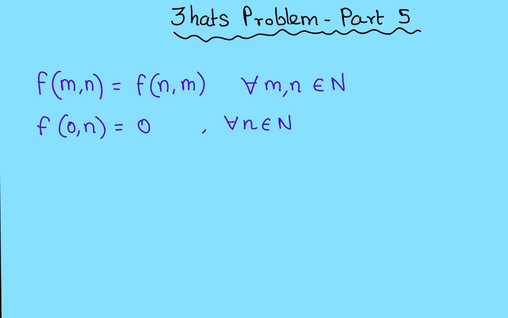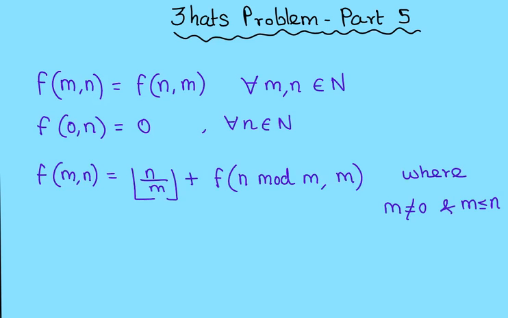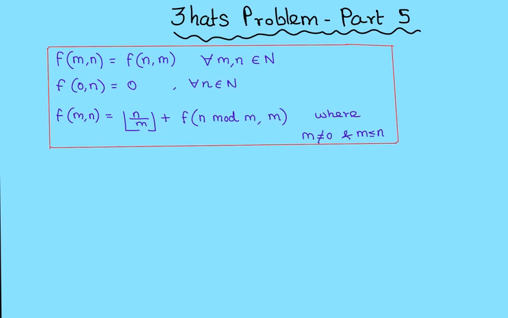F of 0 comma n is equal to 0 for all n. Finally, this is the definition. F of m comma n is equal to floor of n by m plus f of n mod m comma m, provided m is not equal to 0 and m is less than or equal to n. Note that this floor function is the quotient when we divide n by m. This n mod m is the remainder when we divide n by m. So this is the function we need.